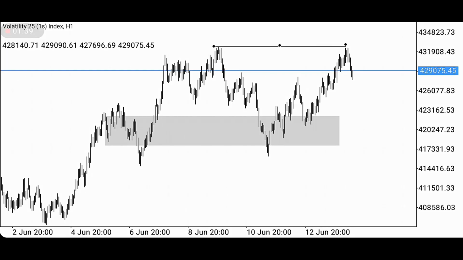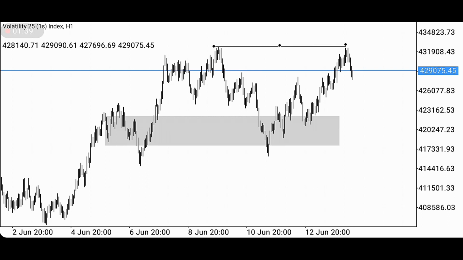Remember, our bias is bullish because the current market price on the daily time frame is trending to the upside, and we can see a pack of liquidities that has been built from the daily time frame when we drew the trend line.